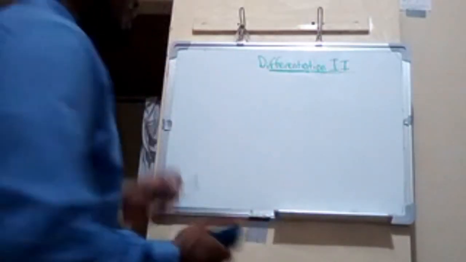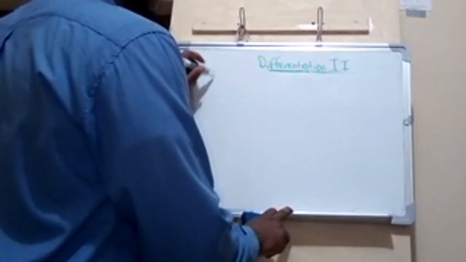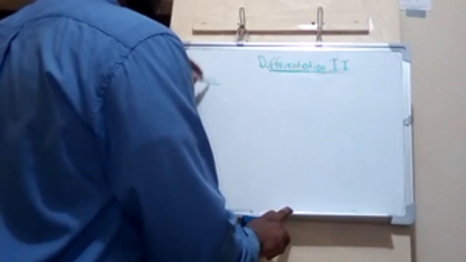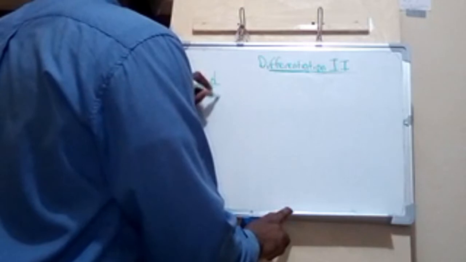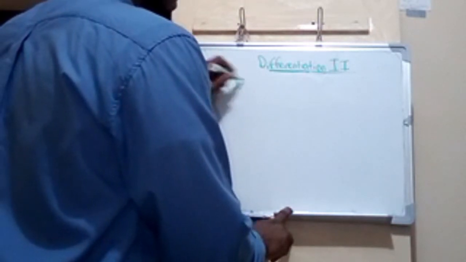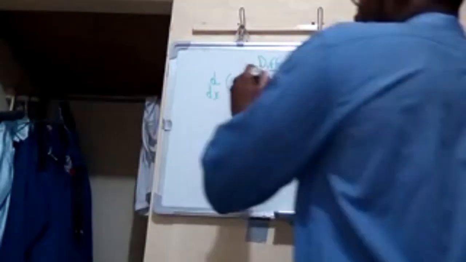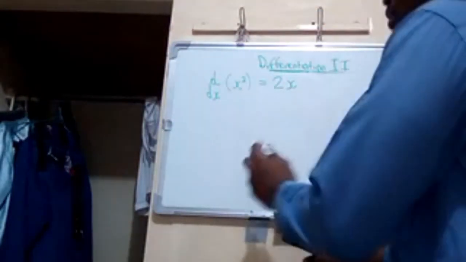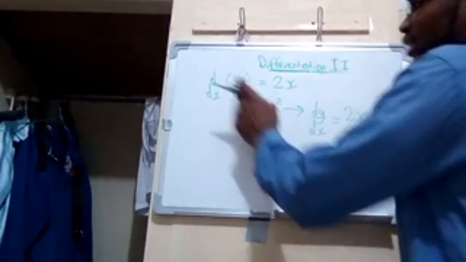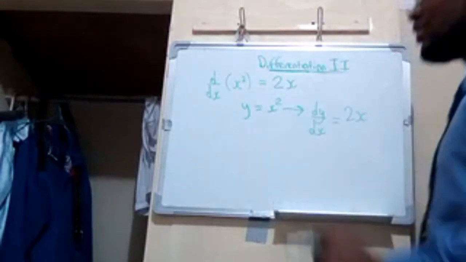Now consider this. What is d by dx of x squared? D by dx of x squared is equal to 2x, right? And so in other words, if y was equal to x squared, then dy dx is 2x, because we differentiate y in terms of x.